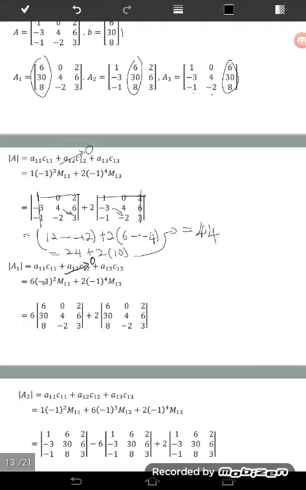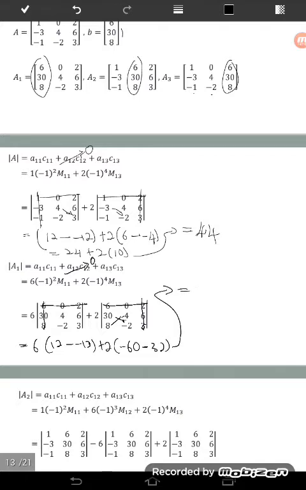Then calculate, so 6 times negative 1 power of 2 is 6 times minor 11. So close row number 1 column number 1, plus 2 times negative 1 power of 4 which is 2, and then M13, close row number 1 column number 3. So the answer is 6 times the determinant of this one: 4 times 3 is 12 minus negative 2 times 6, negative 12, plus 2 times 30 times negative 2, negative 60, 8 times 4 is 32.